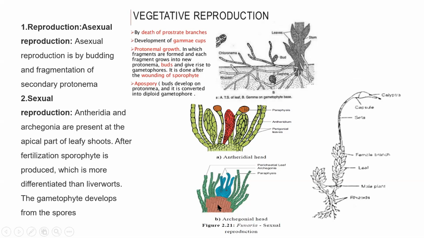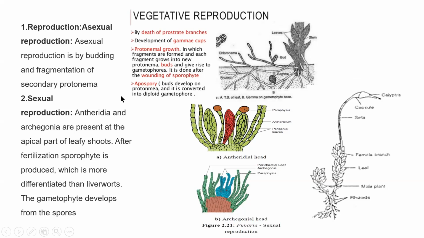So vegetative asexual reproduction you can see by fragmentation of the secondary protonema. When the spore germinates, it gives rise to a green filamentous structure, which is called primary protonema. The primary protonema grows further and branches into what is called secondary protonema.